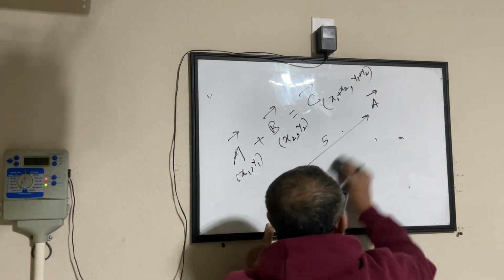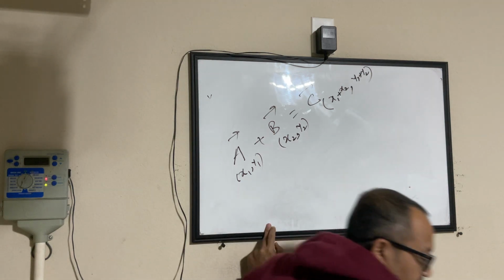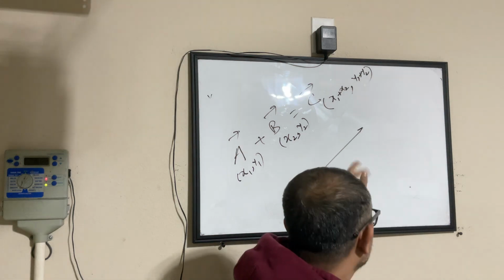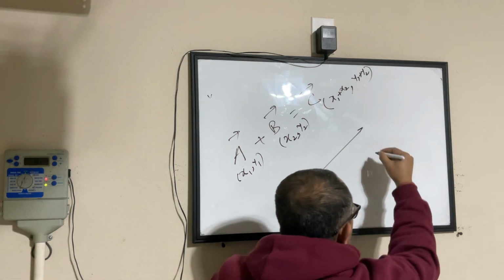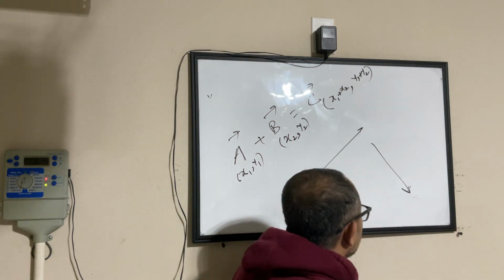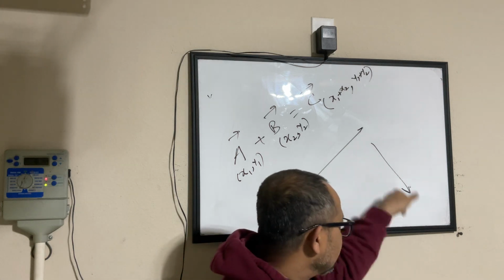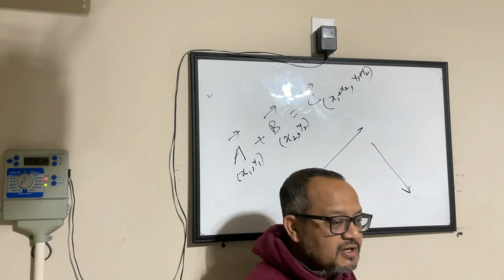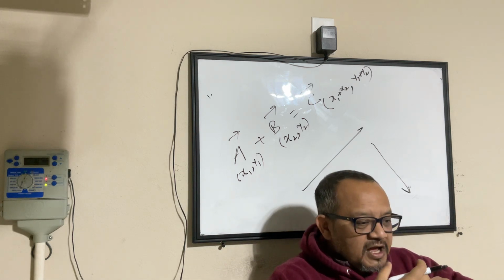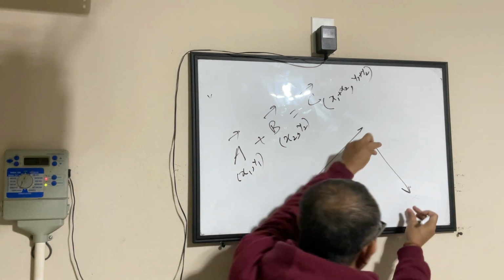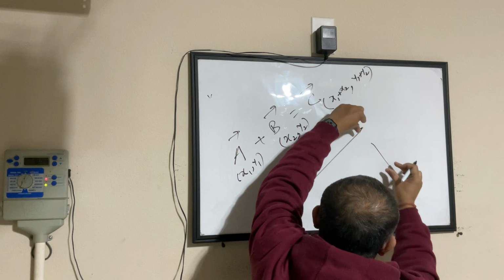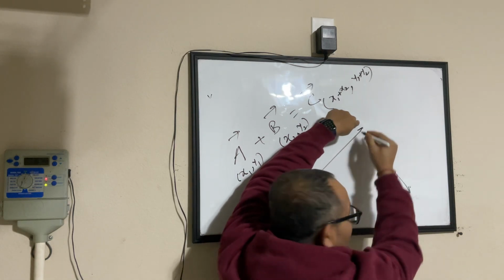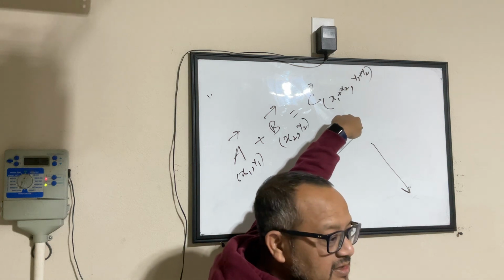So let's say this is my vector A, which has some magnitude and some direction. And I have another vector B, which has a magnitude and this is the direction. If I'm adding these two, what I'm doing is creating a chain. I'm shifting this vector from here to here such that the tail of this vector gets attached to the head of the other vector.